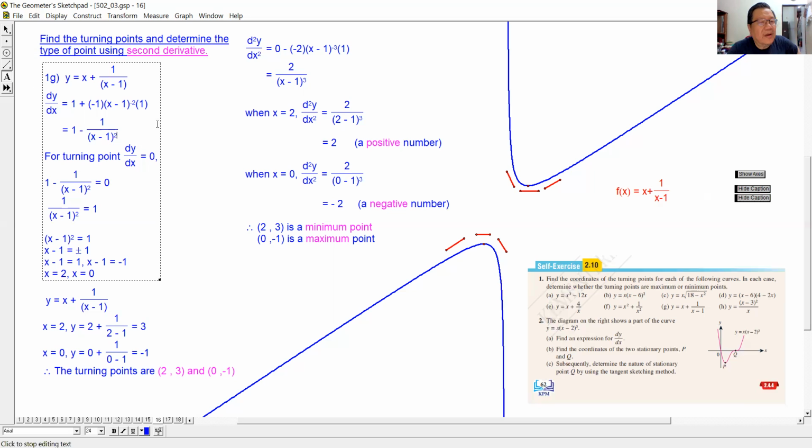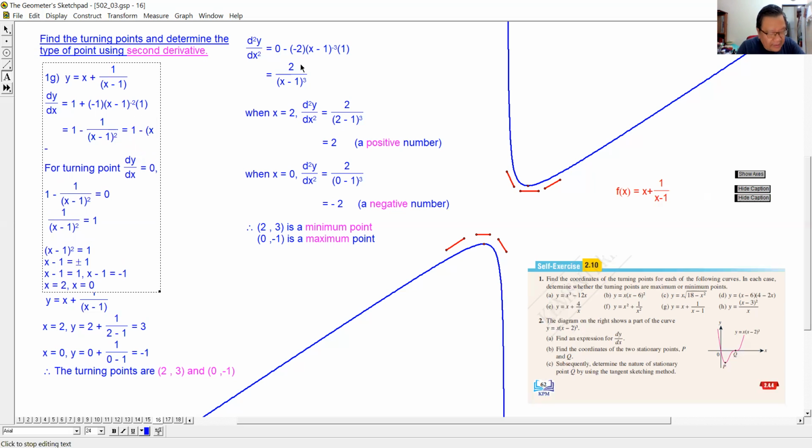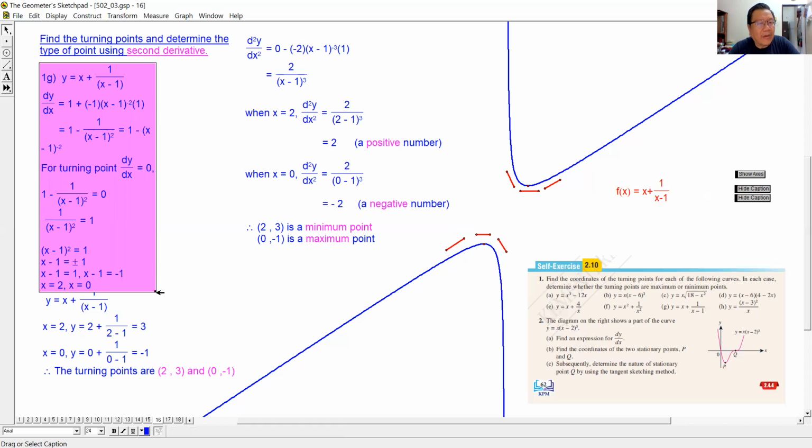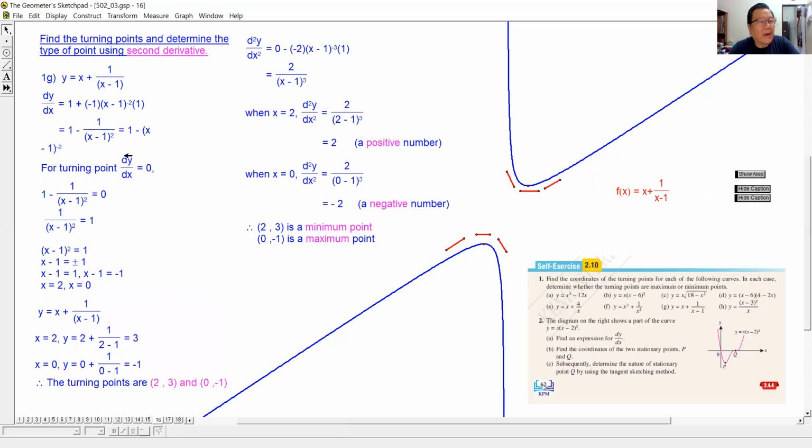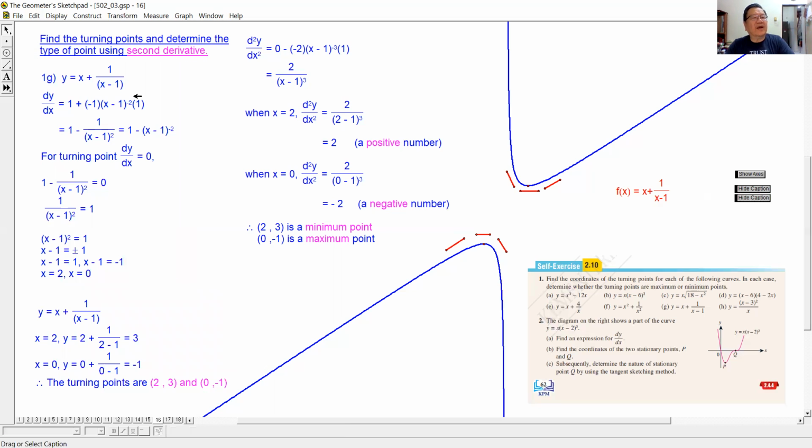Okay, let me write down. 1 minus (x minus 1) to the power of negative 2.